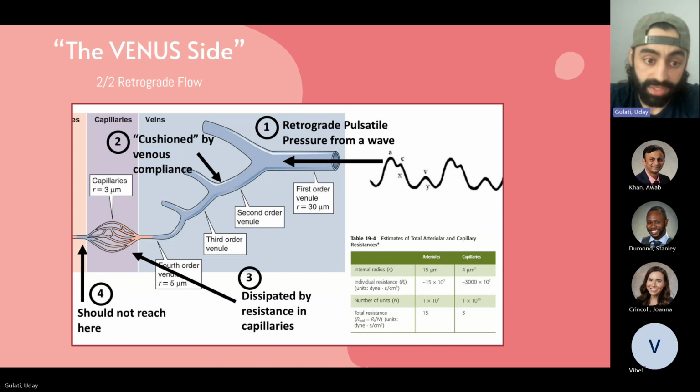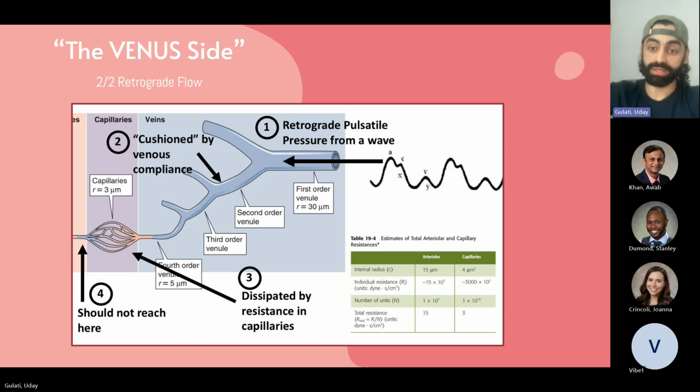By the same token, if you have severe congestion, that backwards flow from the heart into the venous system can actually cause pulsatility. Because your venous compliance has been dissipated, its ability to blow up with high pressures and get rid of that pulsatility goes away, because there's just too much fluid in there.